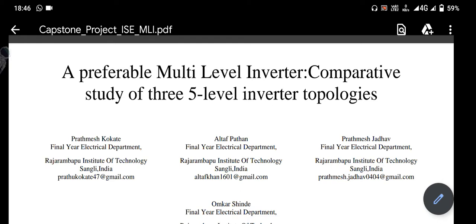This paper was made in IEEE format by me and my project group members during BTech, and the purpose of making this paper is to understand what the types of multi-level inverters are, how their waveforms are obtained, and what their total harmonic distortions are. This is all an analytical study we did in the MATLAB simulation software.